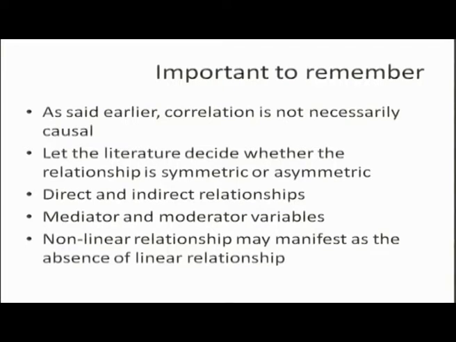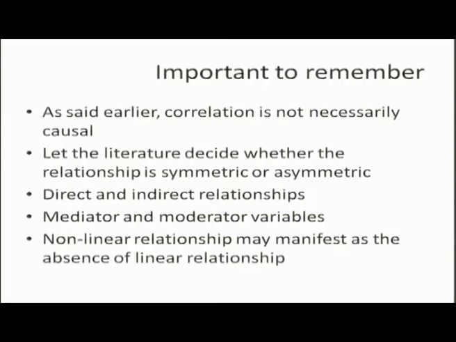Let the literature decide whether a relationship exists or not, and whether it is symmetric or asymmetric. On the basis of reports of the previous studies or on the basis of theoretical literature, you decide whether there is a relationship between two variables or not, and whether it is symmetric or asymmetric.